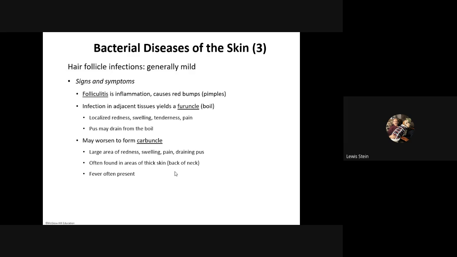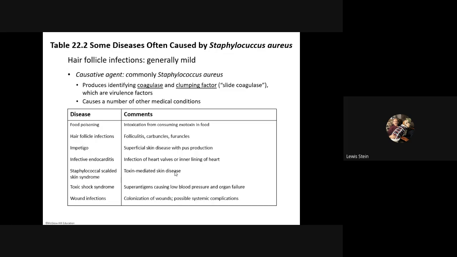Generally that has to be drained surgically. It may be nothing more than a local anesthetic, draining it out and packing it, and having someone at home, a partner, a parent, or whatever, be able to help out with that, depending on the age of the person involved.